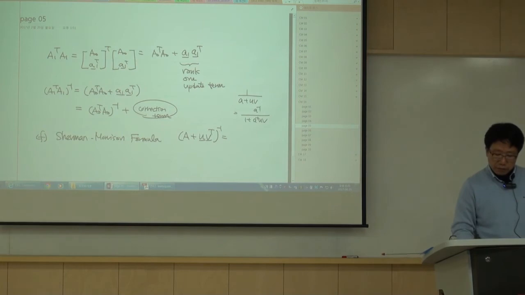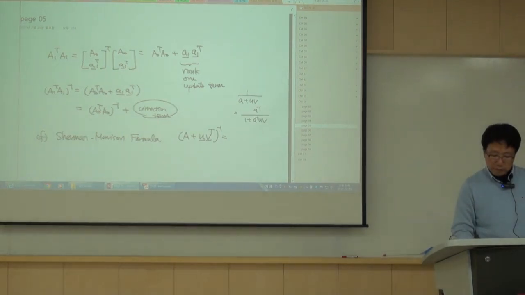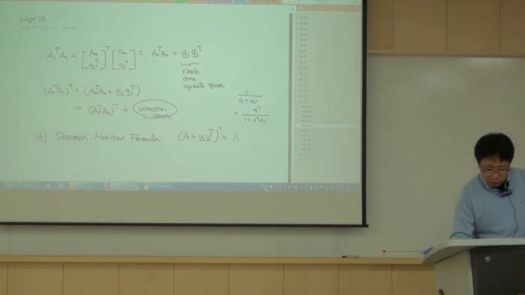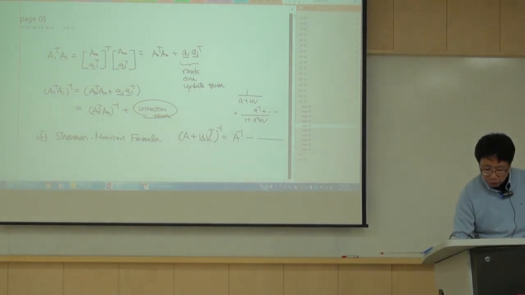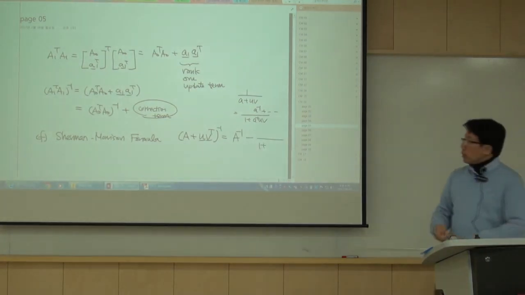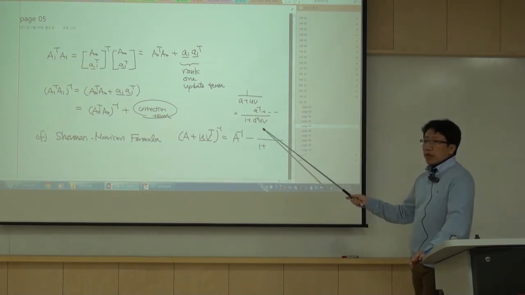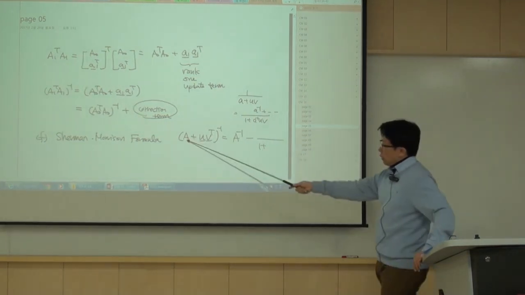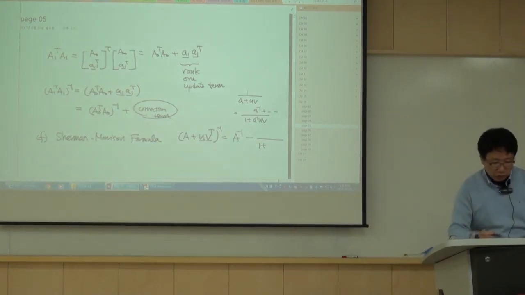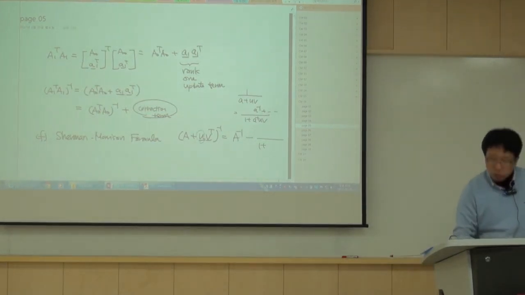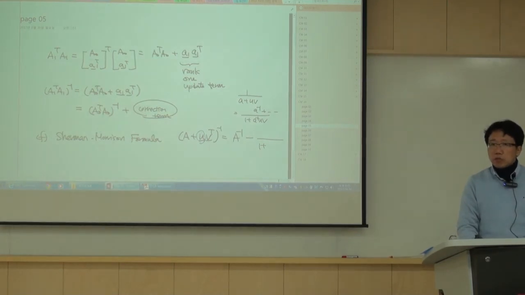A inverse. Okay. So we have A inverse. And then we need to add and subtract. So here goes subtraction. So 1 plus. In this scalar case, the order doesn't matter. But in this vector matrix case, order does matter. But I asked you to remember that this U appears as U, not U transpose. This V transpose appears as V transpose, not V.